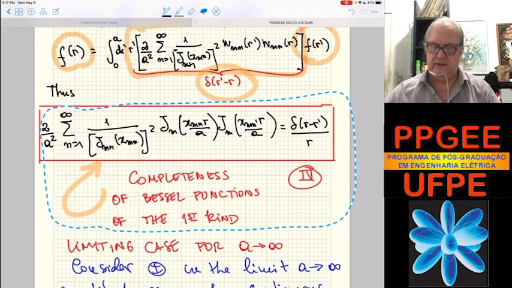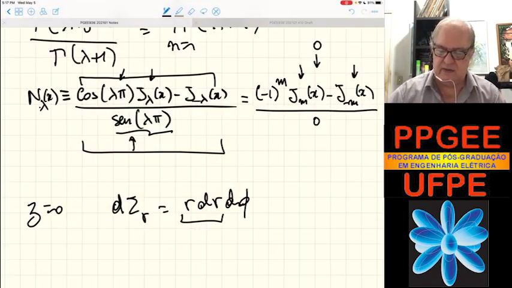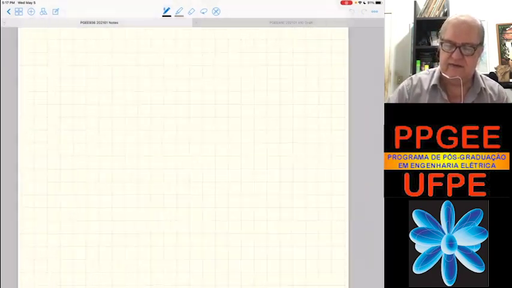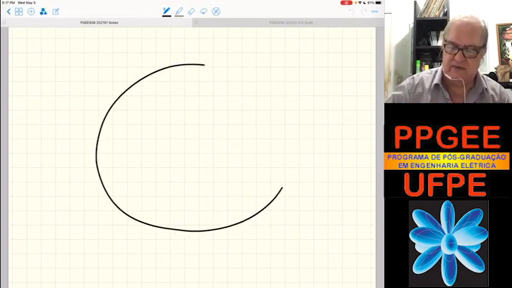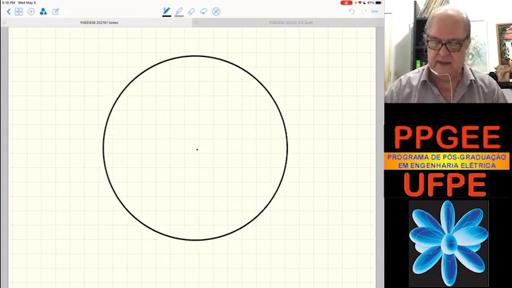Also, you see that we are going to use this relation to explore when you have a very large domain, right? Notice that we are talking about functions in the domain within a cylinder, looking from top here, that has a radius equal to a.